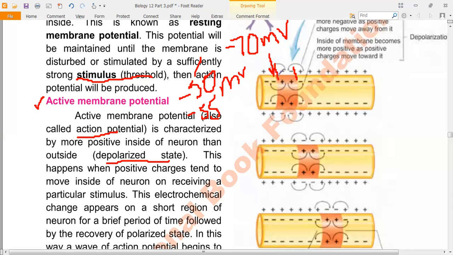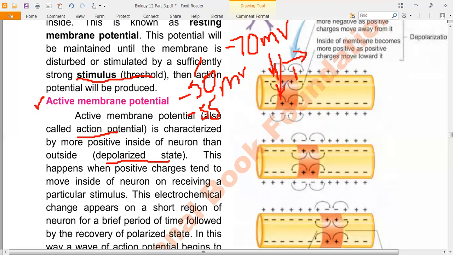After the sodium channel opens, sodium starts to rush into the neuron, and more sodium accumulates in the neuron, so there is more positive charge. This state is called the depolarized state. Now the stimulus is generated here, and it is going to conduct in the next direction.